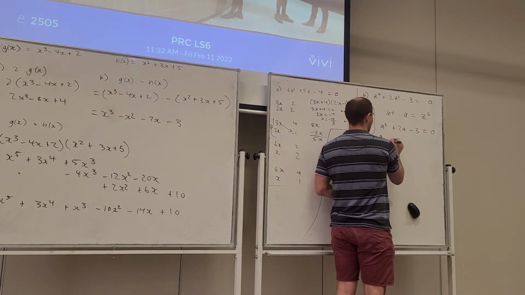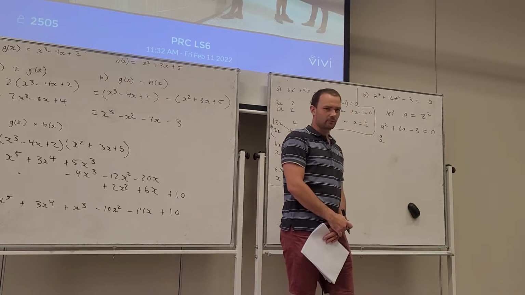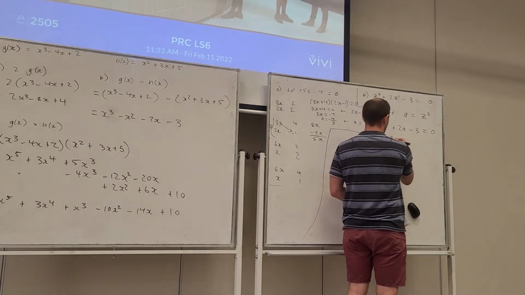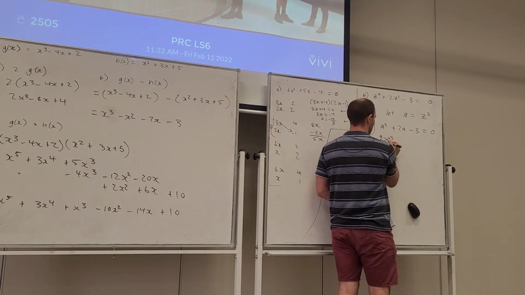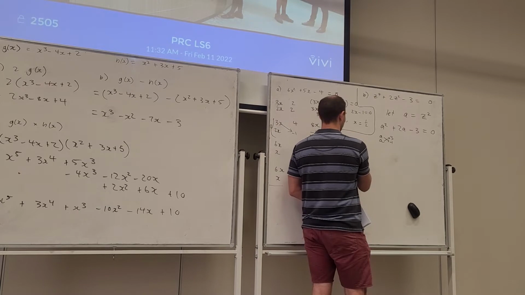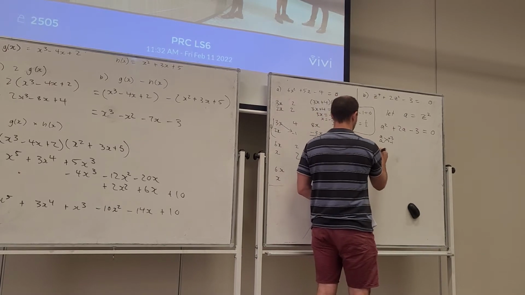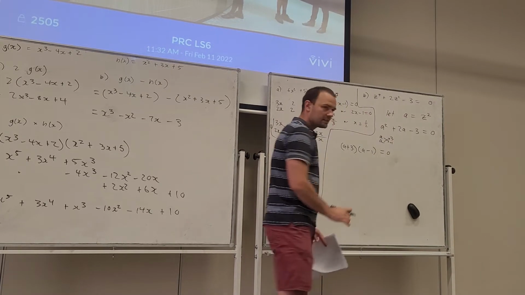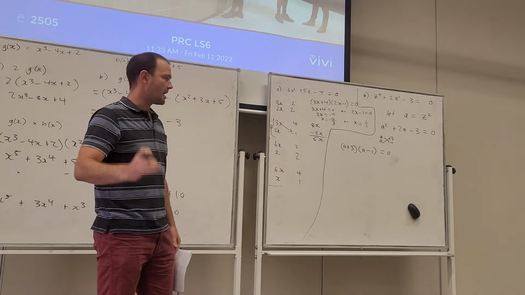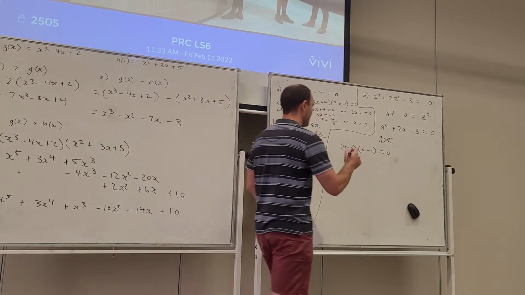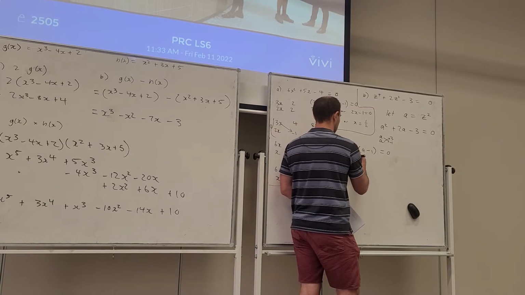So multiples of a squared are a and a, multiples of minus 3, positive 3 and minus 1. That's going to give us our solution. So we'll apply the Null Factor Law. And at this step, we can substitute a back in. What did we define a as? Z squared.